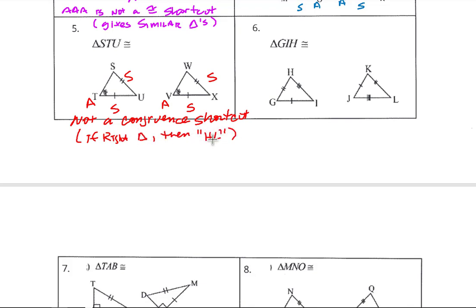If we look at number 6, we've got 3 sets of sides matching, which gives us a side-side-side pattern, which is one of our congruent shortcuts. So we can say that triangle GIH is congruent to triangle KJL. And again, we're matching up the congruent sides to be sure we're going in the correct order.